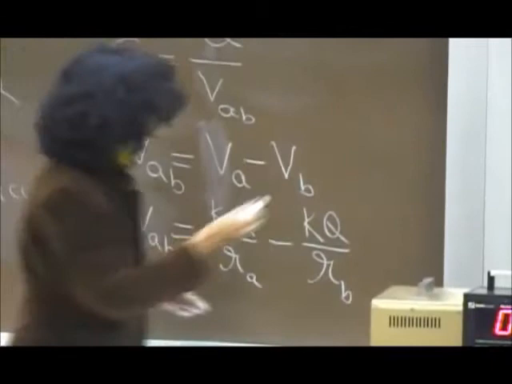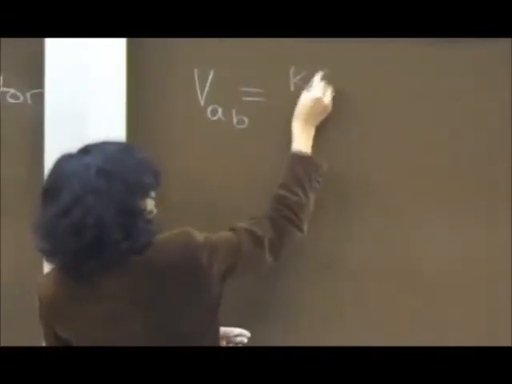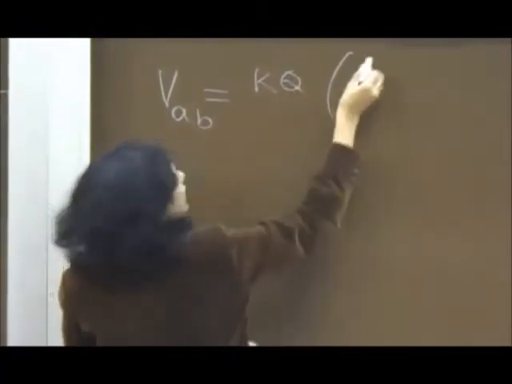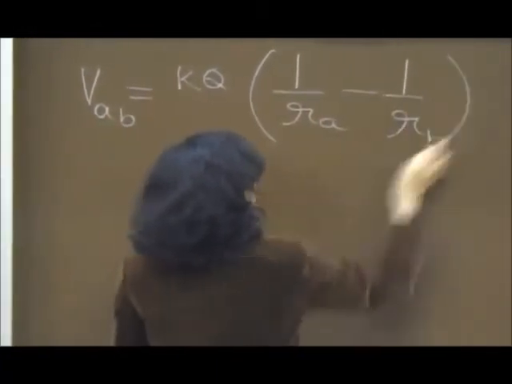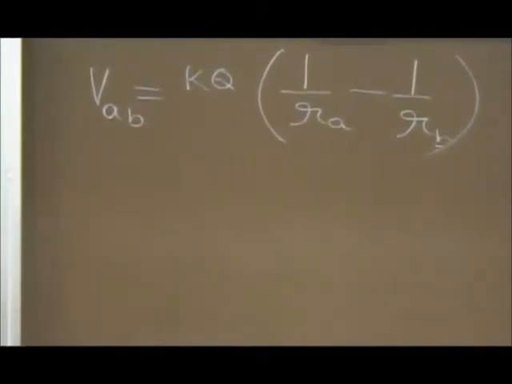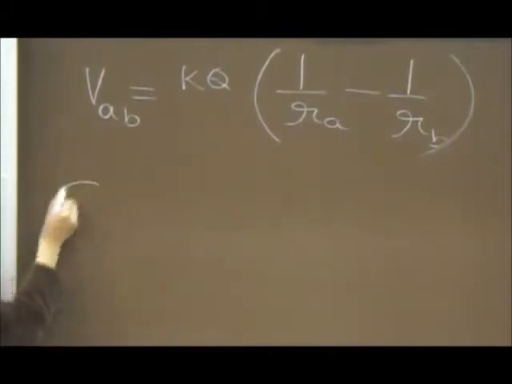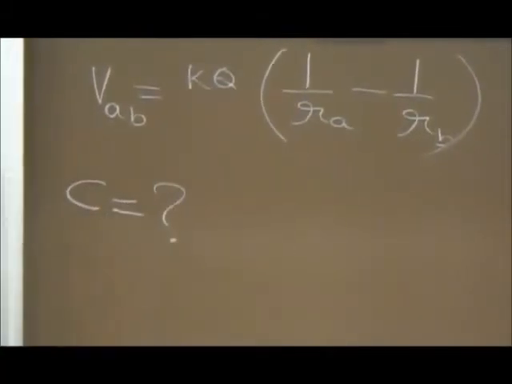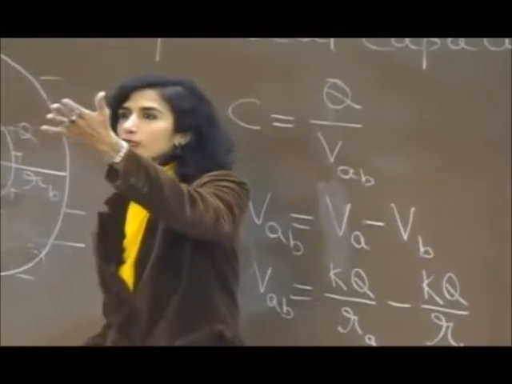Okay, let's try to solve it. It looks a little complicated, but it's really not. So what we have is VAB is equal to KQ times (1/RA minus 1/RB), and so what would be C then? Who wants to tell me what is C? See, C is equal to Q divided by VAB. What will it be, folks?